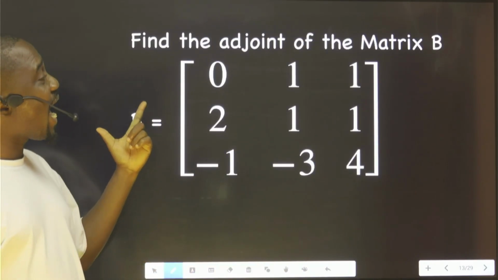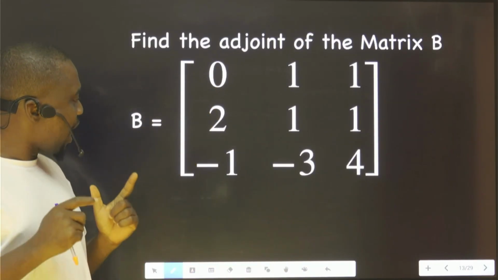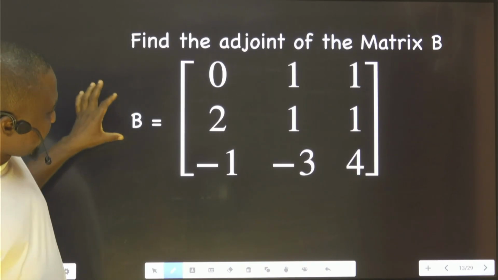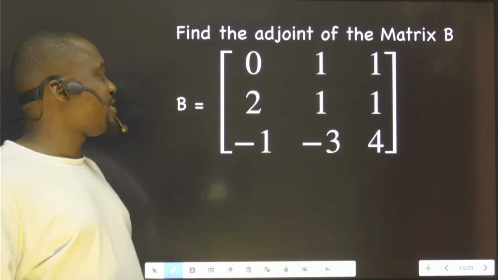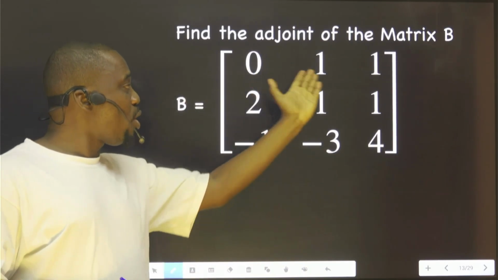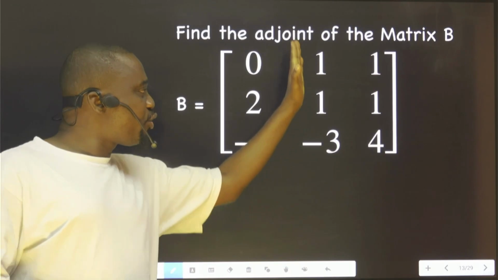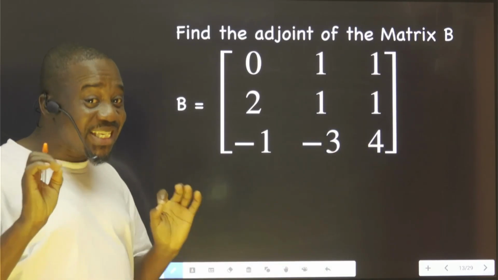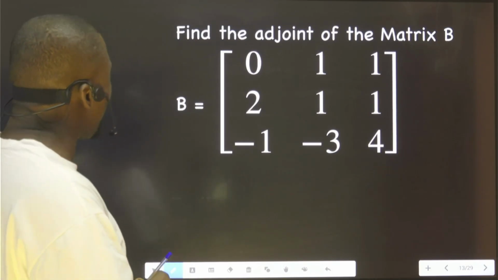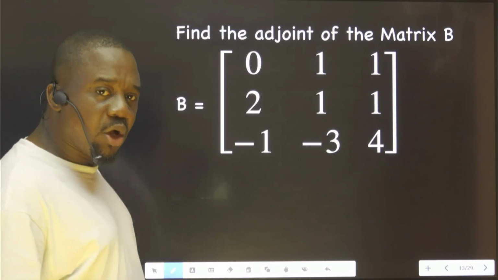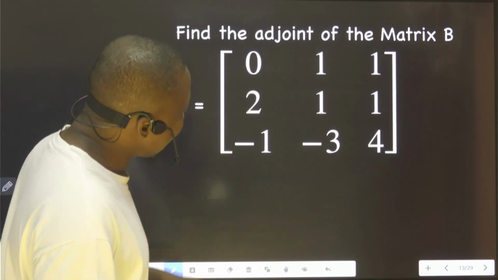It says find the adjoint of the matrix B. How do we do that? The first thing we ask ourselves is, is this a square matrix? Yes, because the number of rows is equal to the number of columns. The next is to find the cofactor, which is through the minor of each of the elements.